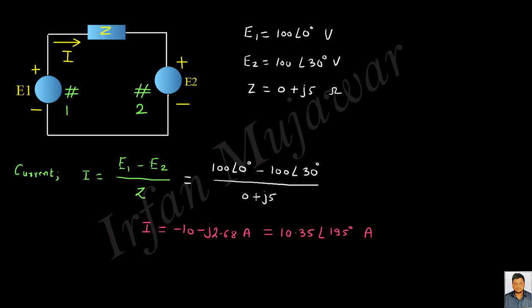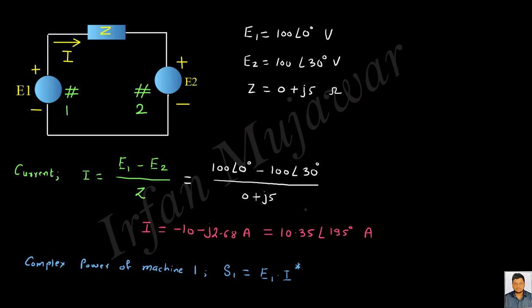Once we determine the current, we can calculate the power. So, power supplied by machine 1. Whether it is supplying or absorbing power, we will come to know only after checking the signs of P and Q. Complex power of machine 1, let us denote it by S1, will be equal to E1 into I conjugate. E1 is 100 at an angle of 0 degrees.